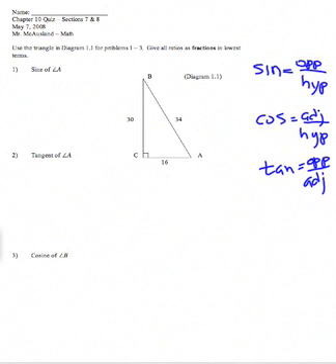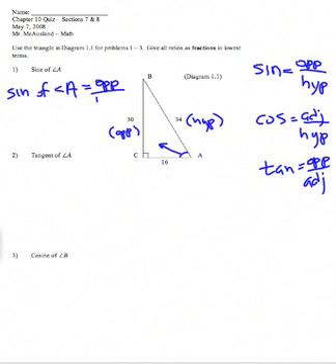So in this perspective, we have to keep it to A. So we see that sine is opposite over hypotenuse. Hypotenuse is here, 2A. So if I want the sine of angle A, it's going to equal the opposite over the hypotenuse.